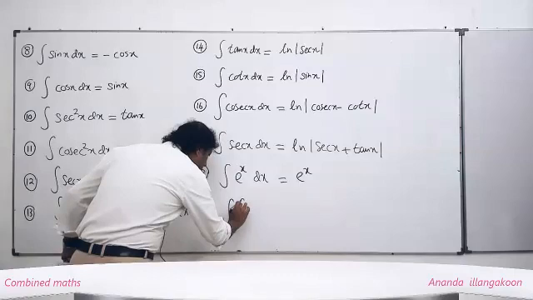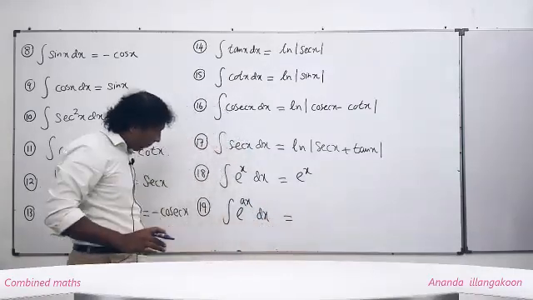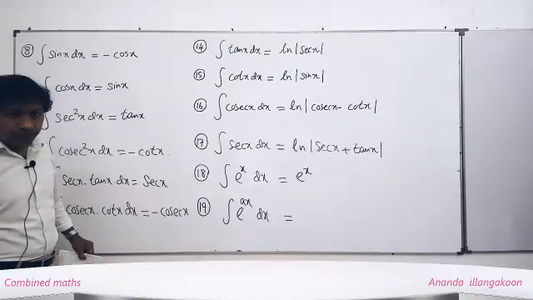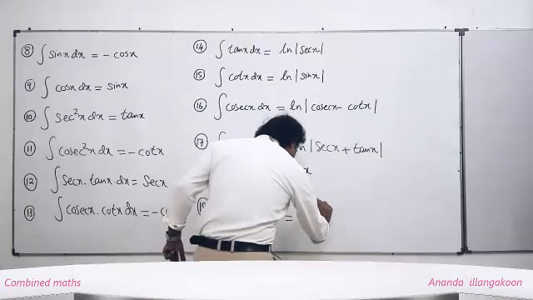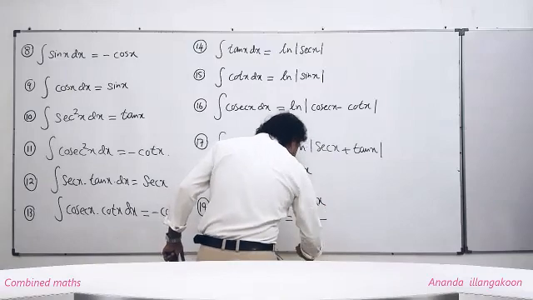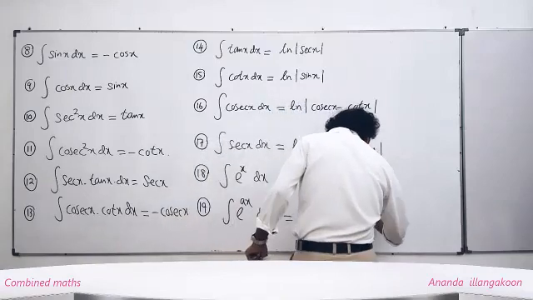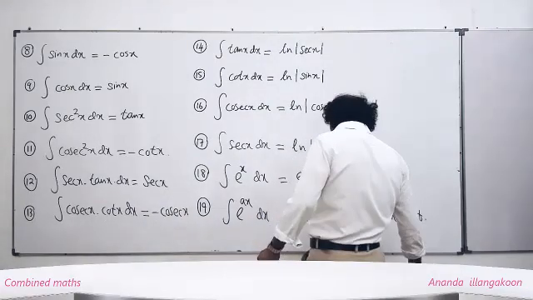Integration of e^(ax), where a is a constant. Then the answer is e^(ax) divided by a. A is a constant.